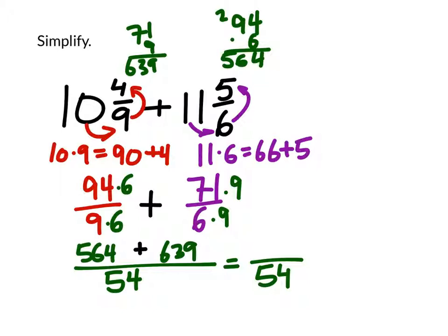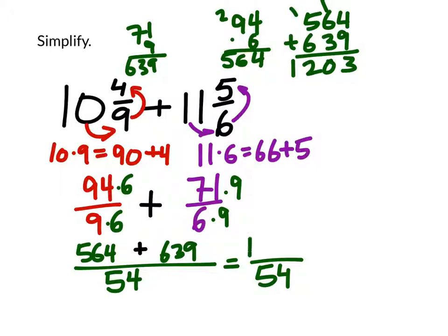So 564 plus 639, again we'll show the work up here. Not that it would matter the order, but plus 639, so that's 1203 over 54, and we can see right away that the numbers, both the numerator and denominator, are divisible by 3.